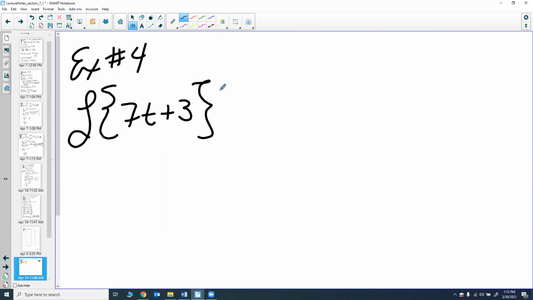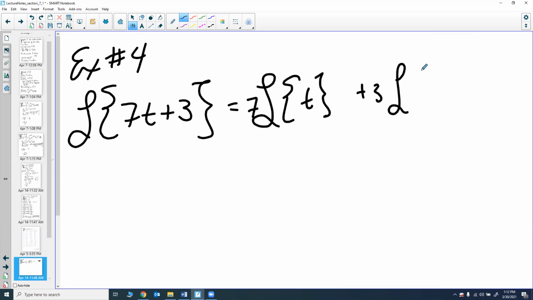Let's do the Laplace transform of 7t plus 3. The first thing to notice is that I can have a linear combination of two functions. So let's do that as 7 times the Laplace transform of t plus 3 times the Laplace transform of, well, 1, because you pulled the 3 out.